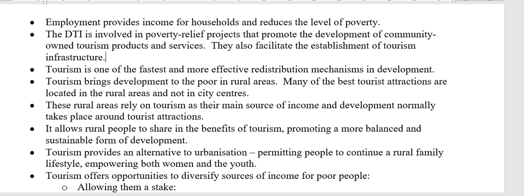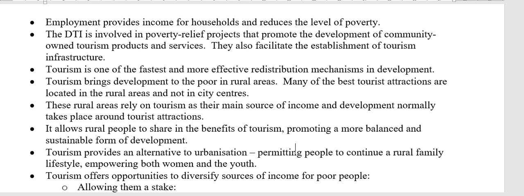Tourism is seen as one of the fastest and most effective redistribution mechanisms in development. Because it is a growing industry, and because it is so easy to get involved in the tourist industry, it is seen as a very effective way of redistributing income by creating opportunities, by encouraging people to get involved in this industry so that they can reap the benefits of it.